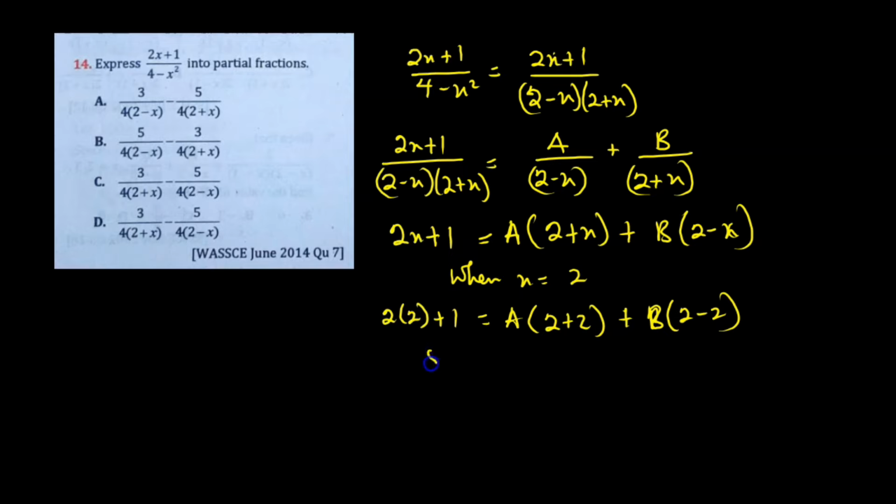So we are left with 5 here equal to 4A. And therefore dividing through by 4, we have A equal to 5 on 4.